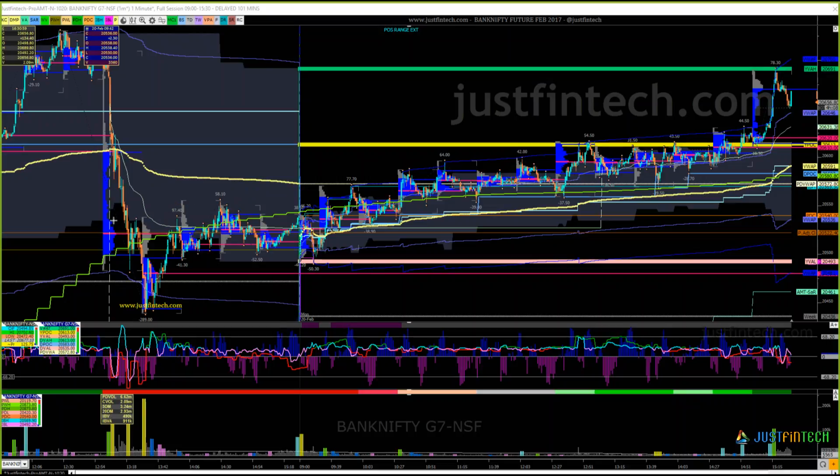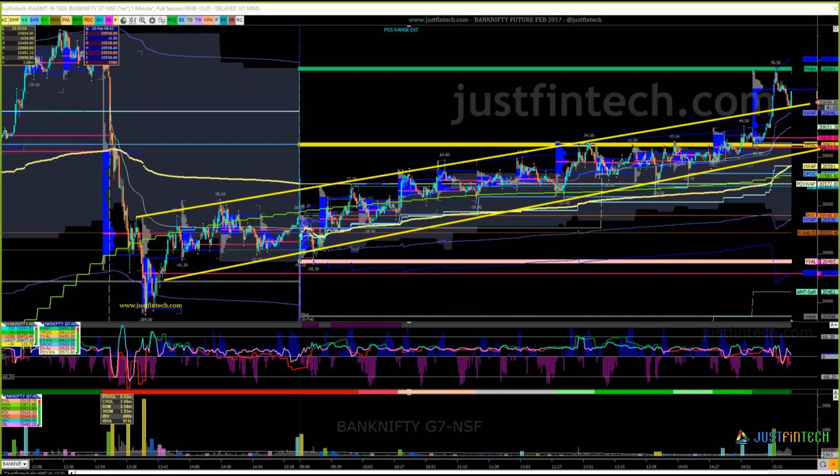Let me draw a line there. So this is looking like a channel. A nice channel move continuing from Friday from the lows, and then breaking out of the channel, coming back and taking support of the upper trend line of the channel.